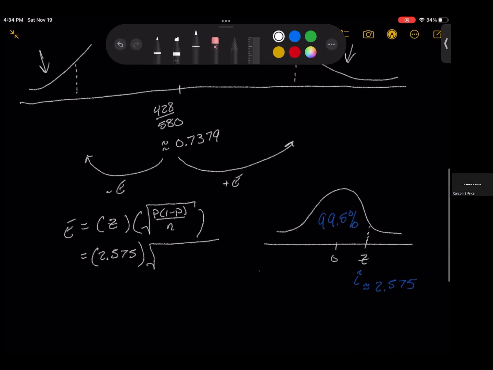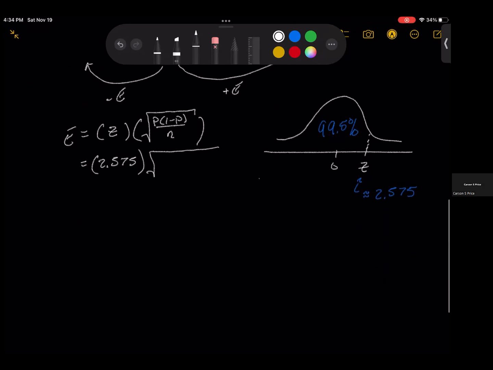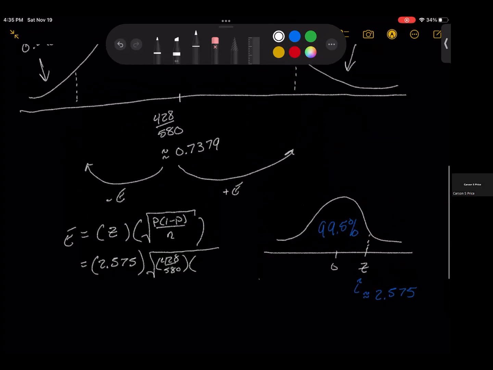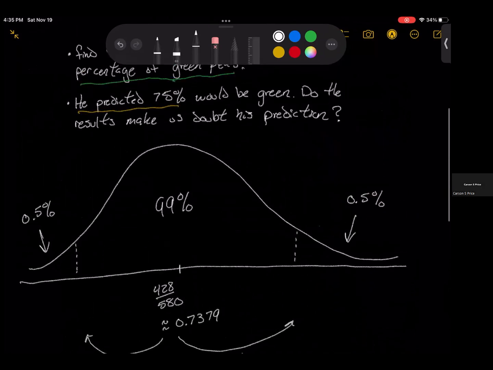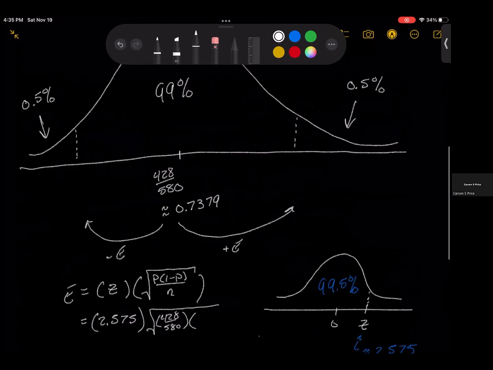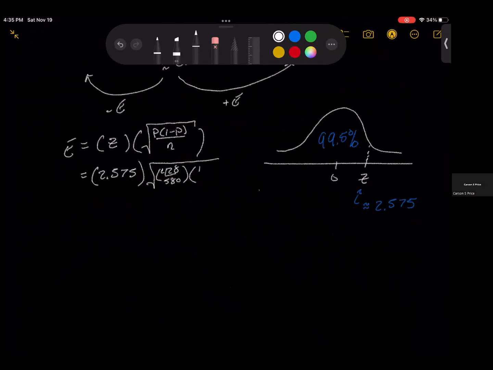The standard deviation, the p is the 428 over 580. And then I'll take 1 minus p. So if 428 of them were green and the 152 of them were yellow, then 1 minus p would be the 152 over 580.